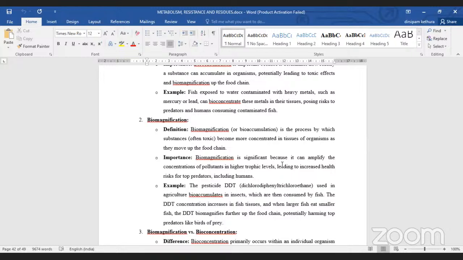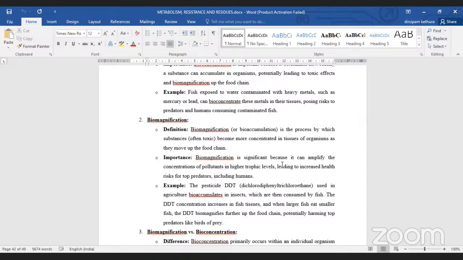There are many examples for the bioaccumulation. For example, pesticides, DDT, or other organic persistent chemicals that can accumulate in tissues, fat bodies. And the accumulation process involves the biological sequestration of substances that can enter the organism through respiration, food intake, and through skin contact with the substance.